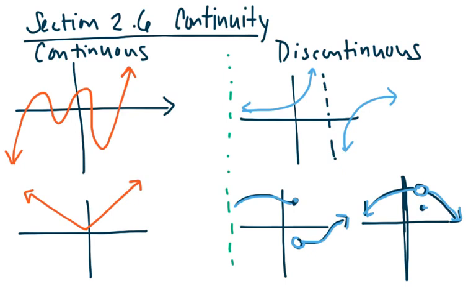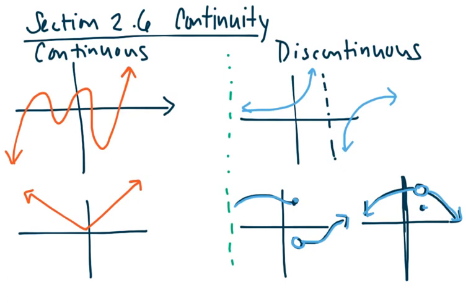So here I've drawn a couple examples in red of continuous functions. Okay, so there's no break in the graph. You can draw a continuous line without picking up your pencil. Those are continuous functions. On the right hand side here in blue, I've drawn some discontinuous functions, and I've drawn 3 different types of discontinuities.